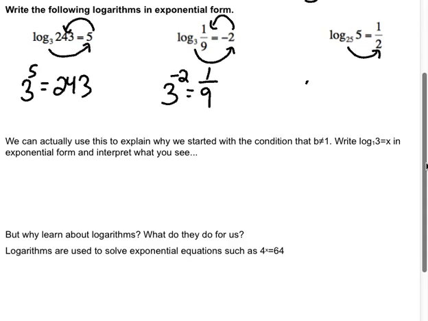Well, 25 to the 1/2 power, loop back, equals 5, which makes sense because a 1/2 exponent is the same as a square root. So the square root of 25 is in fact just 5. All these make sense when you go back and forth between these forms. You can verify that that is a true equation.